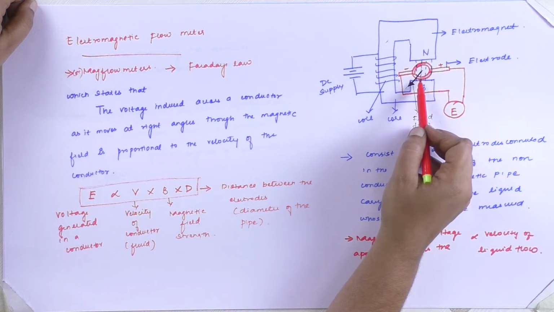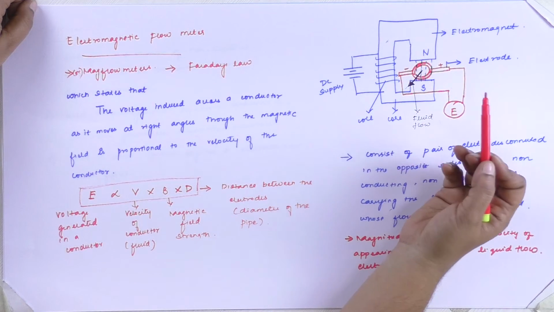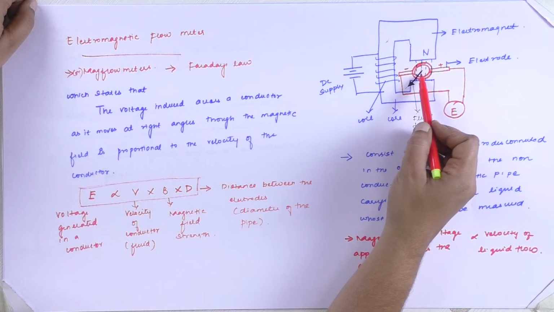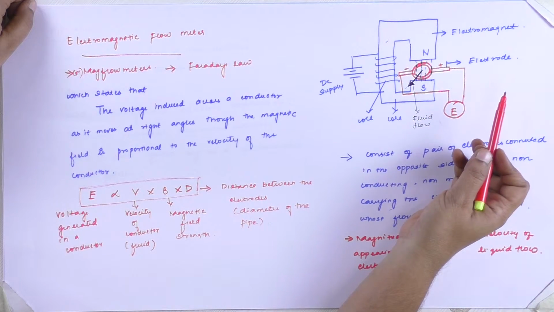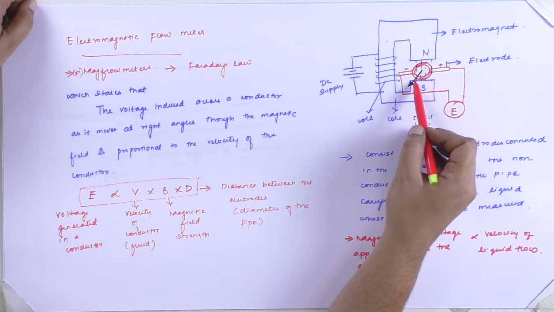But it is not so if the conducting fluid has high conductivity; that short circuit effect will not be considered. So steel pipes can be used when the conducting liquid has a high conductivity.